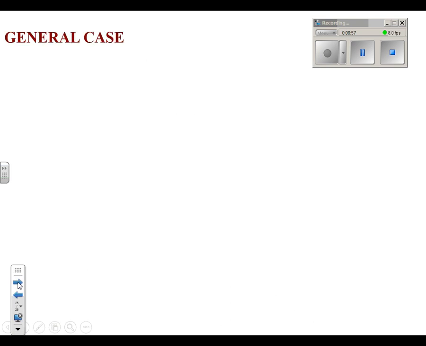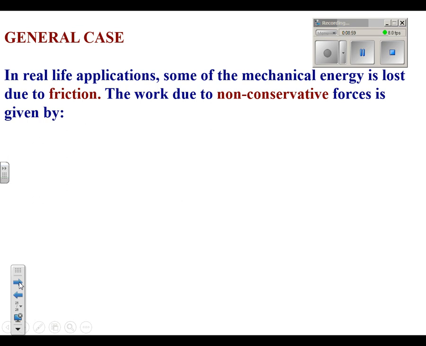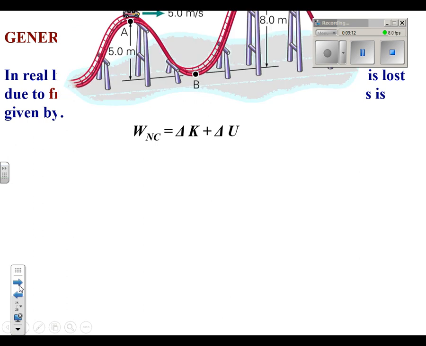All right, so a general case to think about. In real life applications, some of the mechanical energy is quote unquote lost due to friction, and the work due to a non-conservative force is given by work equals our change in kinetic energy plus our change in potential energy.